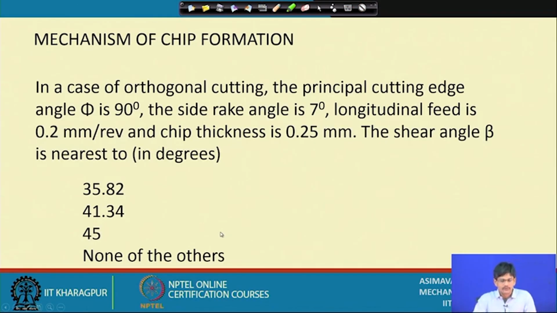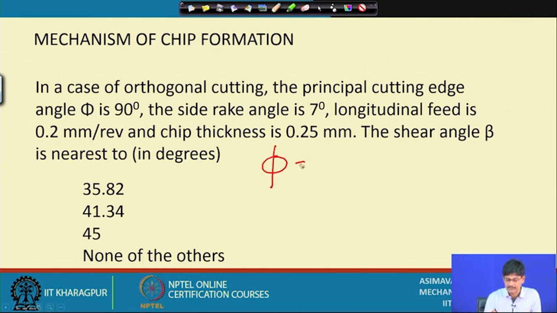In case of orthogonal cutting, the principal cutting edge angle phi is 90 degrees. The side rake angle is 7 degrees. The most important thing to be noticed here: what is the data?